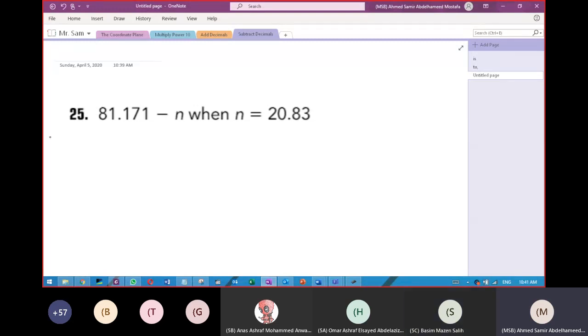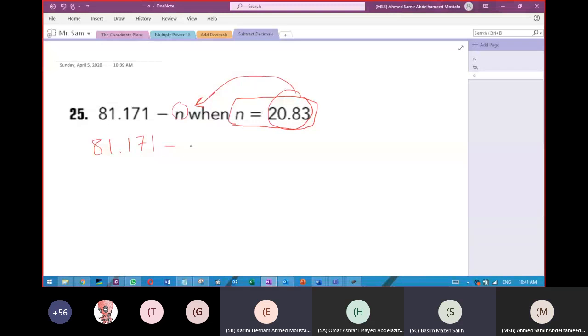So we're replacing the n with this value. This is the value of n, and we are replacing the n here with this value. So the question would be 81.171 minus what? Minus 20.83.